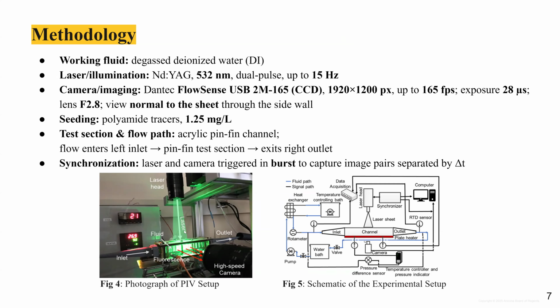Here's the green laser. A CCD camera looks straight at the sheet through the side wall with a 28 microsecond exposure. The water flows left to right through the acrylic pin channel. The laser and the camera were synchronized to capture a pair of images separated by time between pulses.